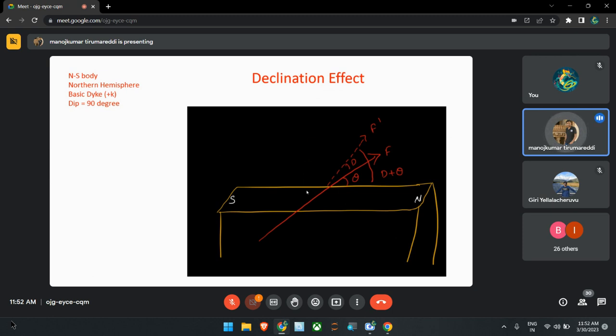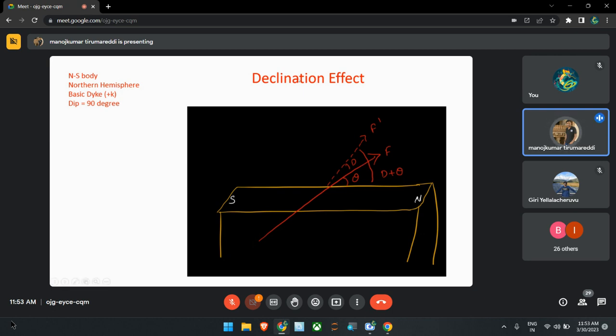Okay, coming to the declination effect. Earlier we were talking about the orientation between the body and the field F. Let us assume that is theta. For north-south bodies, theta is 0 at I equal to 0. But for east-west bodies, theta is 90 for I equal to 0.